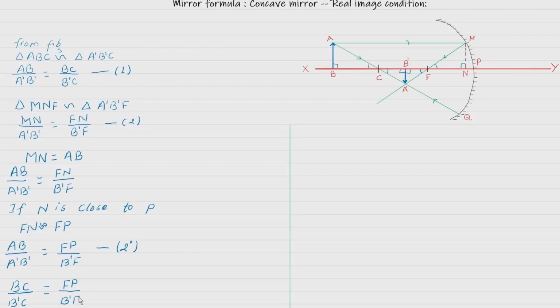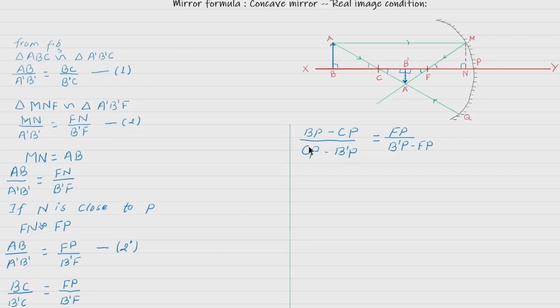Now we have to reduce all the terms in terms of f, u and v, that means focal length, image distance and object distance. So let us see, BC can be written as BP minus CP. Also B dash C can be written as CP minus B dash P, and FP we leave as FP, by B dash F, which can be written as B dash P minus FP.